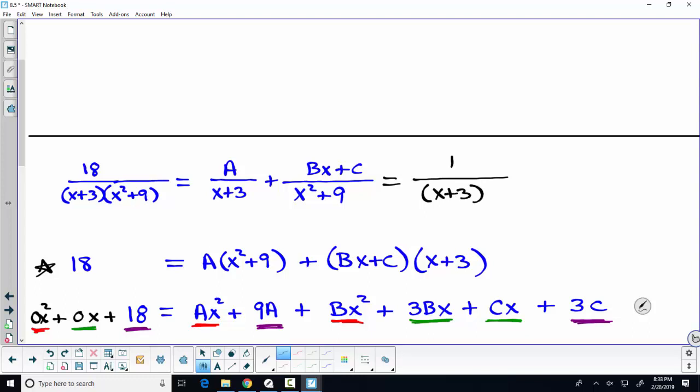B was -1. C was 3. All right, so are those easier or easy to integrate? First one is?